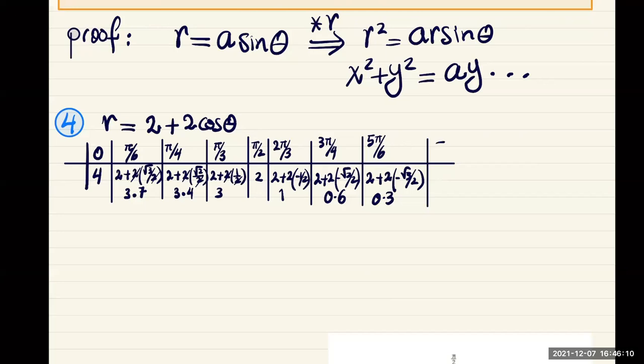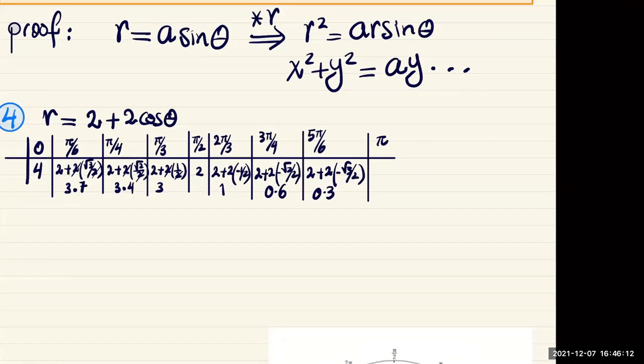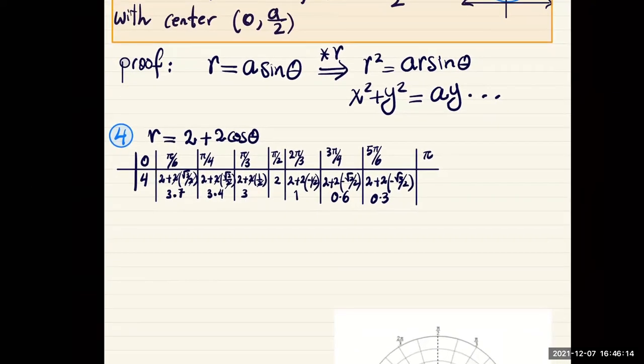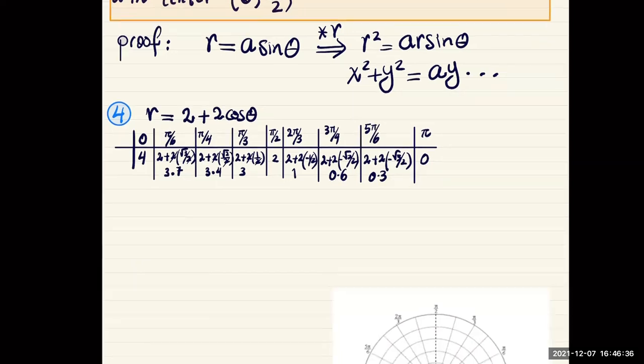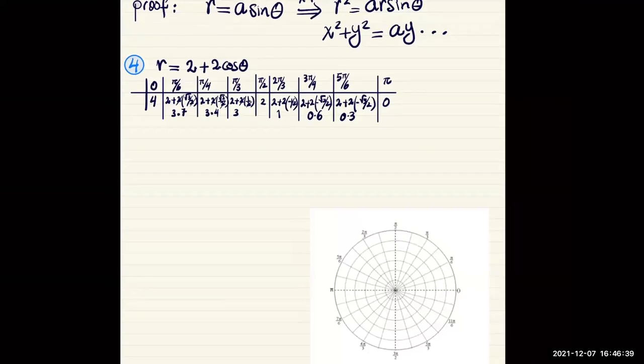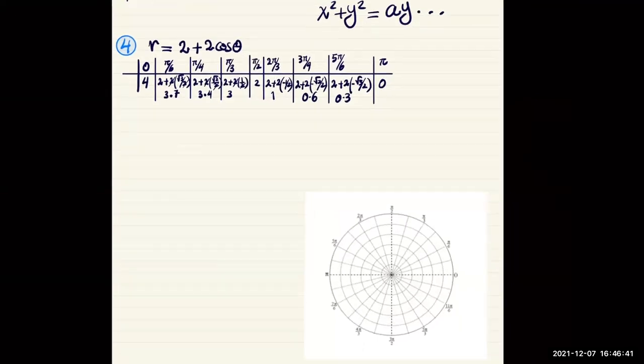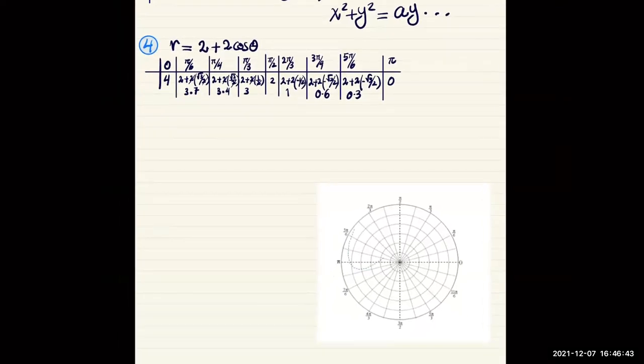If we take pi, cosine of pi is -1. So 2 minus 2 gives us 0. I'm just going to stop here. You can pick more points from pi to 2 pi, but at some point I will use symmetries. In the next example, I will show you how to graph this without plotting points. You just need some basic skills in trigonometry.